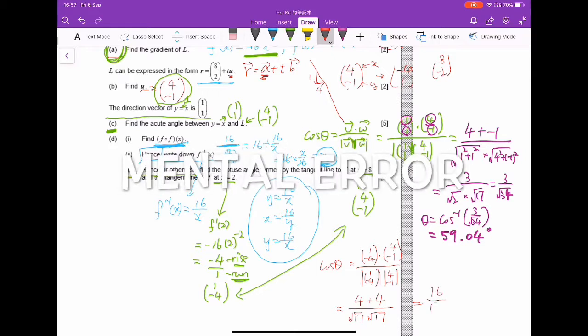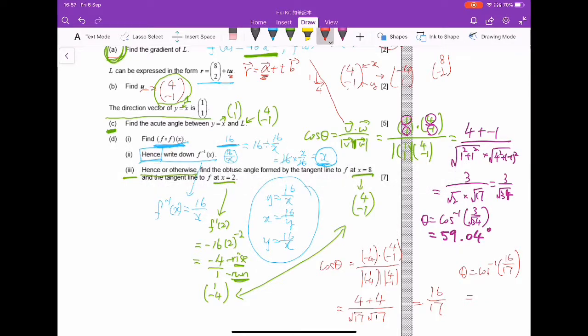So 16 over 17. Therefore, same thing, theta is arc cosine of 16 over 17.